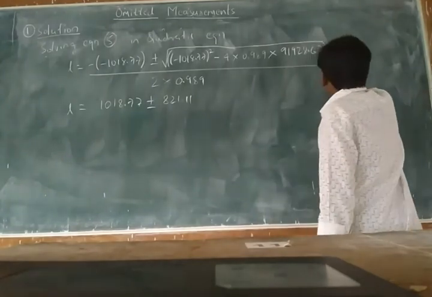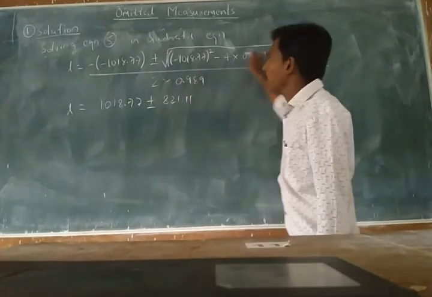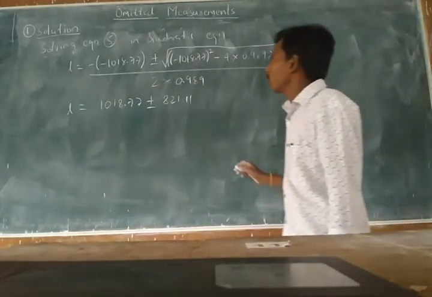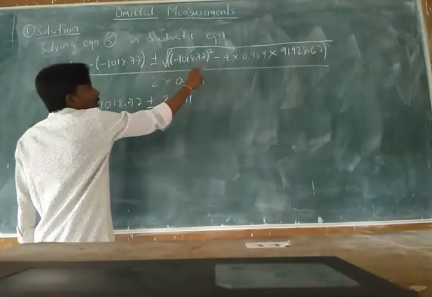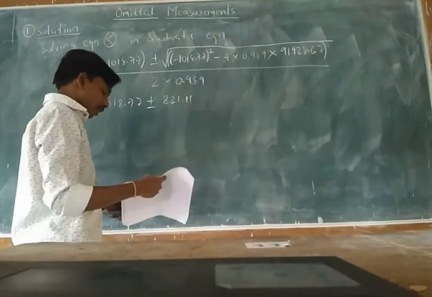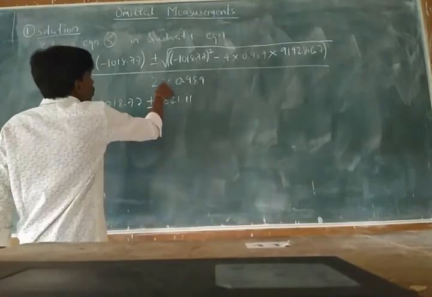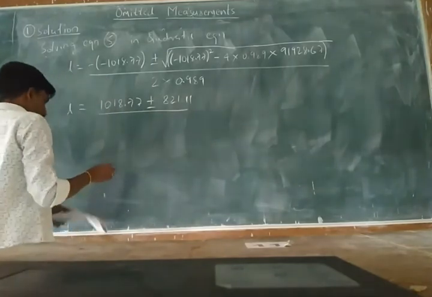Now you have to close the other bracket also. Type the same thing in the calculator, you will get the value 821.11. If you neglect the brackets, you will get a different value. So 2 into 0.989 will become 1.97.